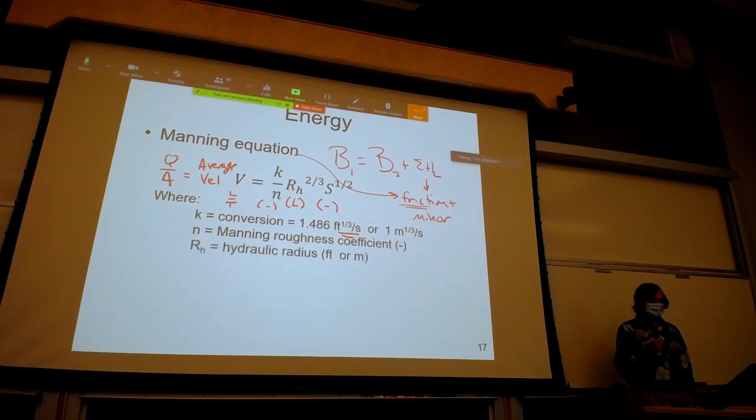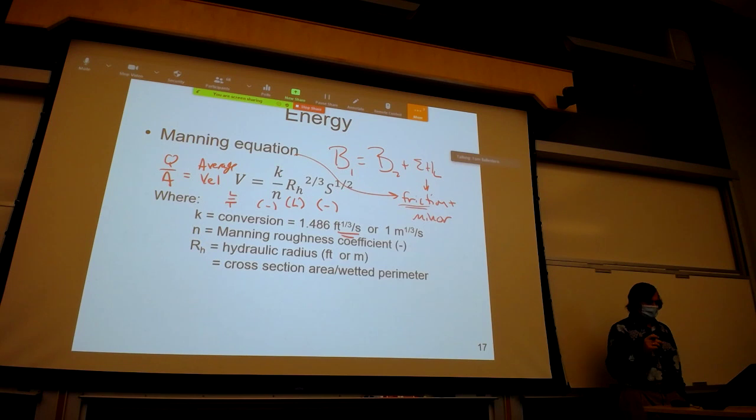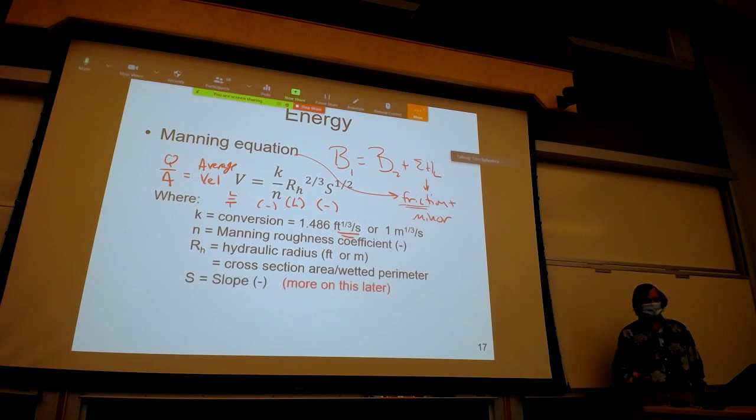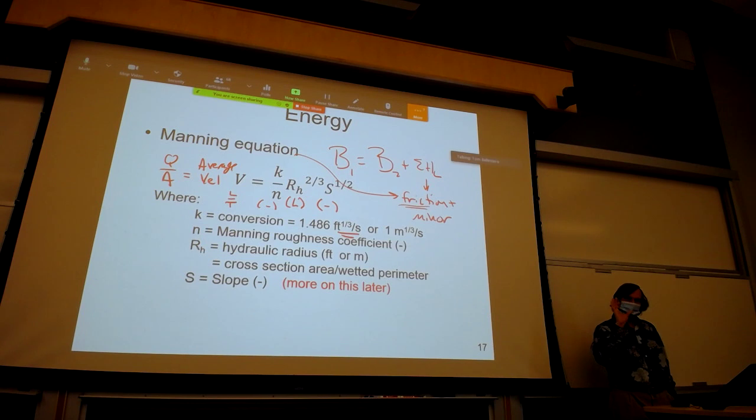Hydraulic radius is area divided by the wetted perimeter of the cross section, as we just discussed in a previous slide. And S is the slope, and again, more on this later. If it helps you get a physical description of what this means, think of it as the bed slope of the channel for now, but it's a slope.